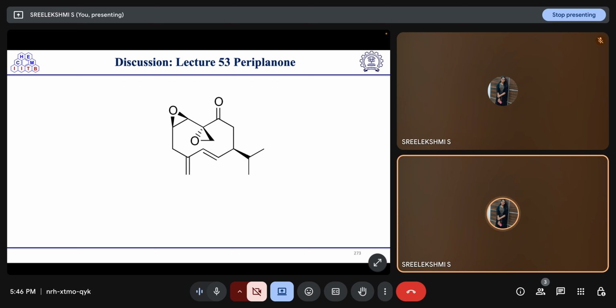Firstly, in Still's total synthesis of periplanone B, this synthesis provides a striking demonstration of the power of anionic oxy-Cope rearrangement for the synthesis of cyclodecanoid frameworks. The flexibility of this synthesis allowed the preparation of three different diastereomers of periplanone B and conclusively established the structure and relative stereochemistry of this molecule.